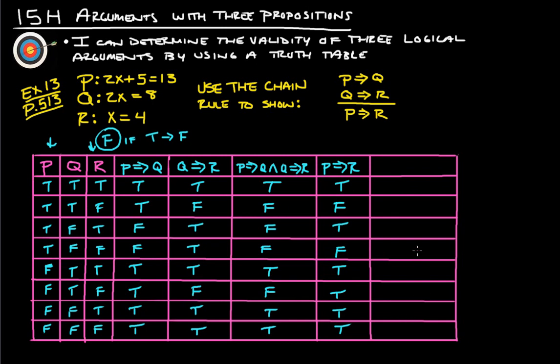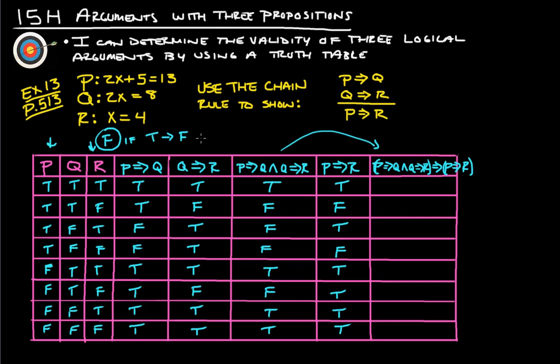Last thing, we want to figure out if this group, P implies Q and Q implies R, implies P implies R. So does this one here imply this one here?